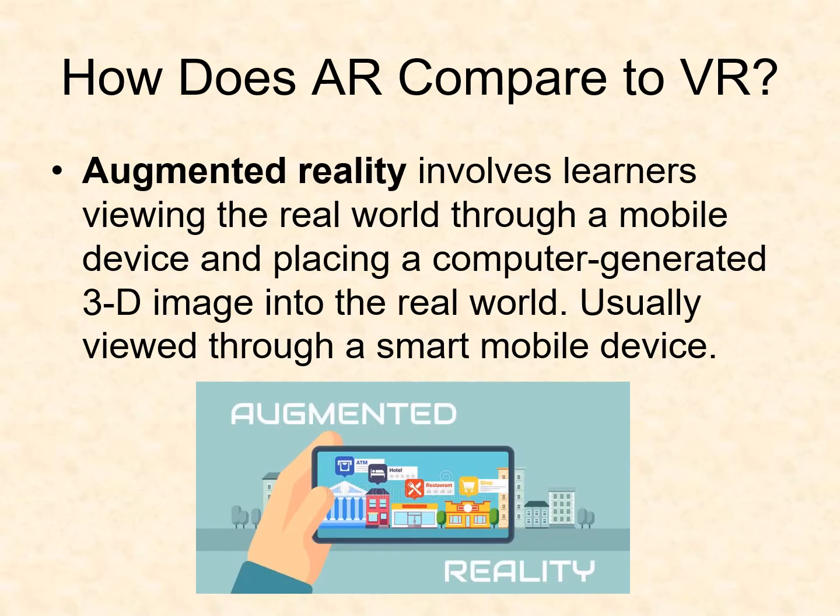By contrast, augmented reality involves, through the camera on the screen, you're going to see the real world. It's like looking through a camera. However, certain pieces will be added, certain computer-generated items will be added and superimposed into the real world. Sometimes a user could use a viewer to view the AR, but they don't have to.